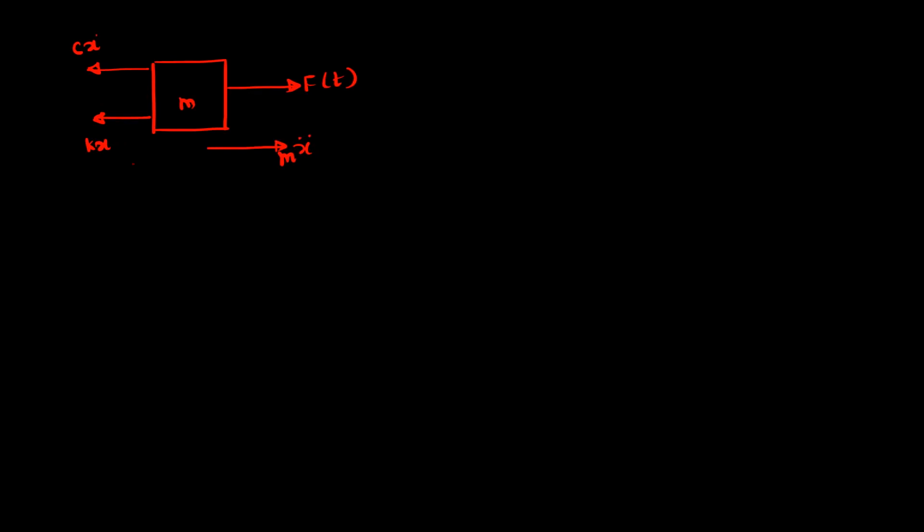As per Newton's second law, the summation of forces is equal to mass times acceleration. Summation of forces means we have to add all the forces. So minus C x dot minus K x plus f of t is equal to the inertia, that is m x double dot.